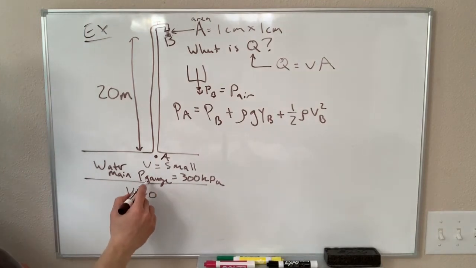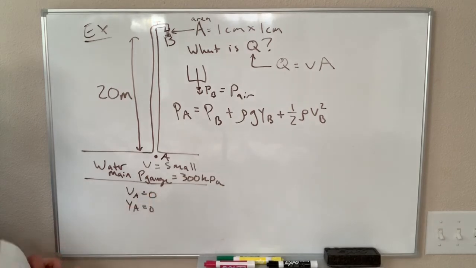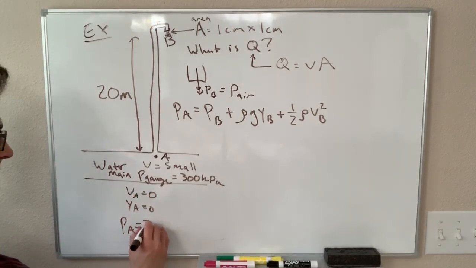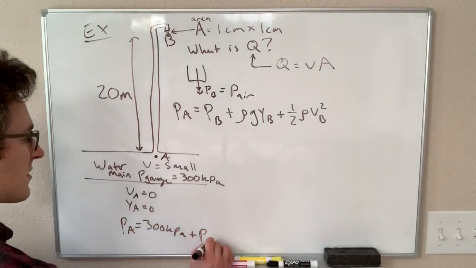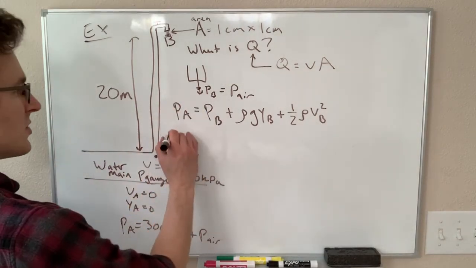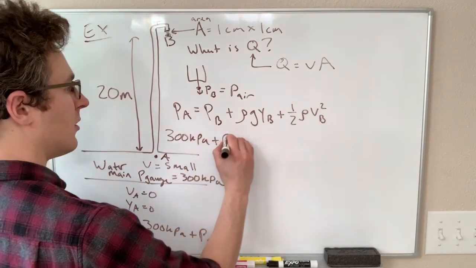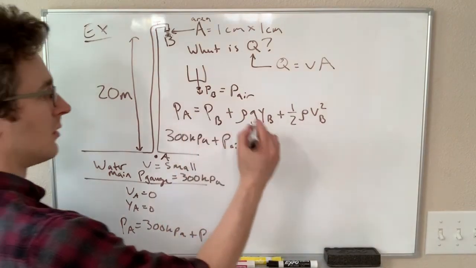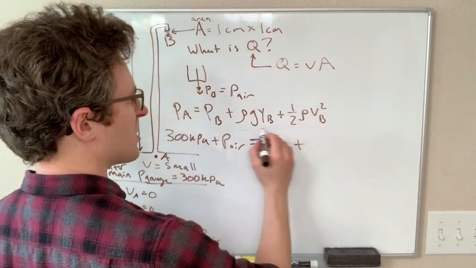Remember that if the gauge pressure here is 300 kilopascals, then the real pressure at A is equal to 300 kilopascals plus the air pressure. What that means in this equation is PA is equal to 300 plus the air pressure, and that is equal to PB, which is just the air pressure, plus this other stuff on the right, which I'm going to write in a second.